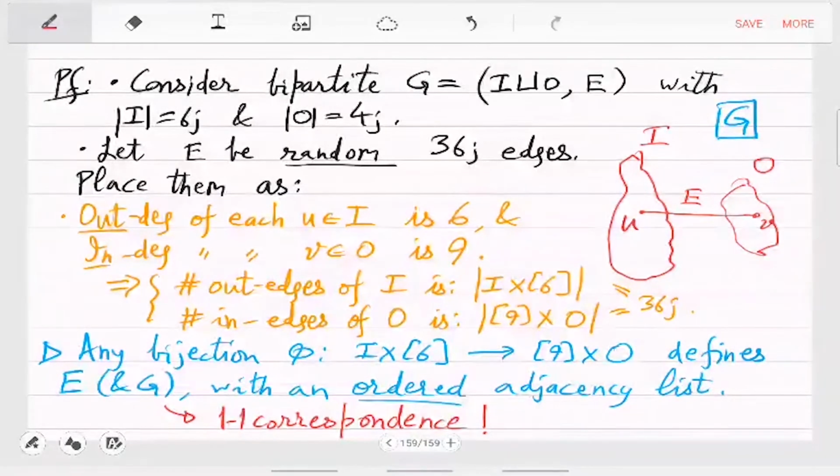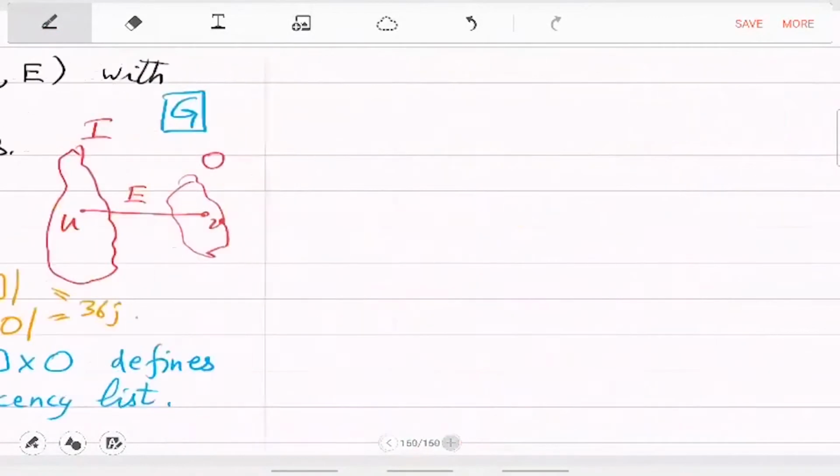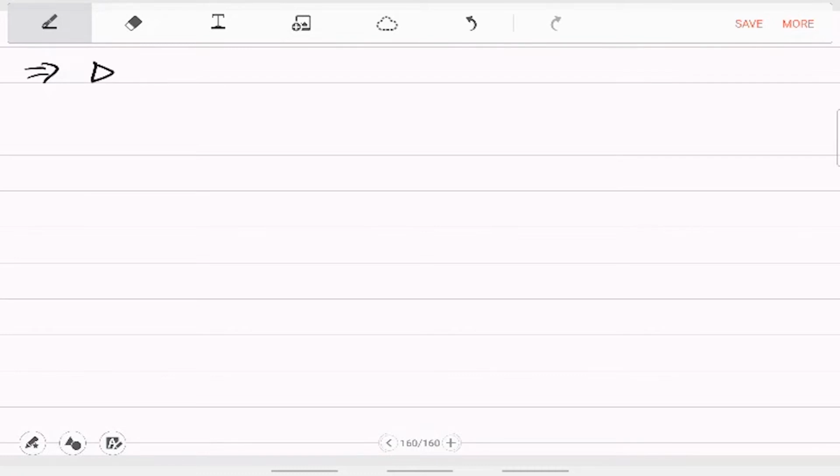That is just like permutations, right? So 36j factorial. So the number of such G is 36j factorial.